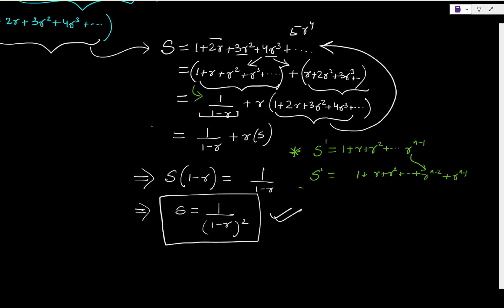And if I take a subtraction, 0 becomes 1 plus, you see r minus 1 here, you combine this. And here r square minus r. So r square minus r will be, if you take r common, it will be r minus 1. So plus r common, r minus 1. Similarly, in the next part, you would have r cube minus r square.